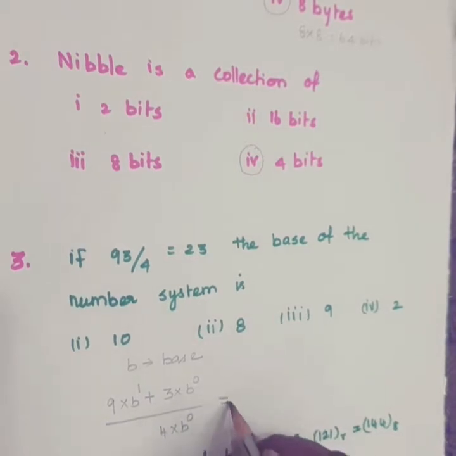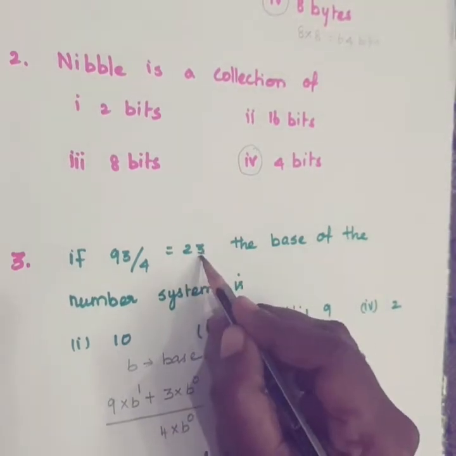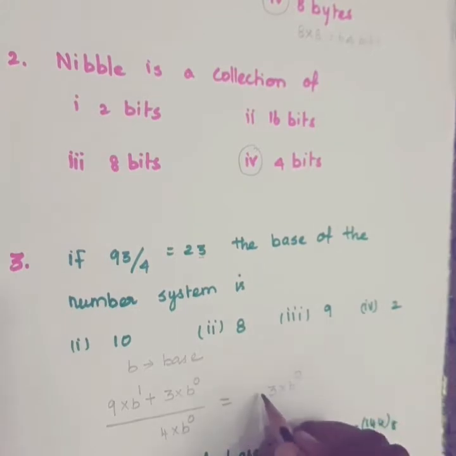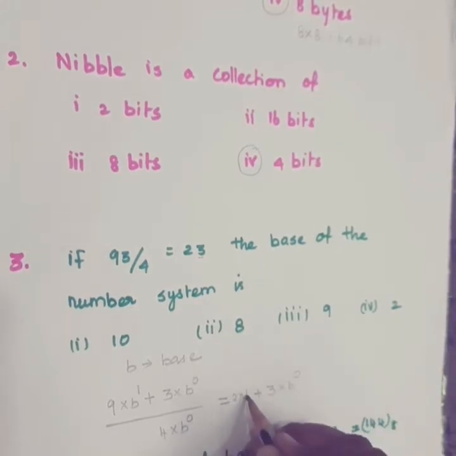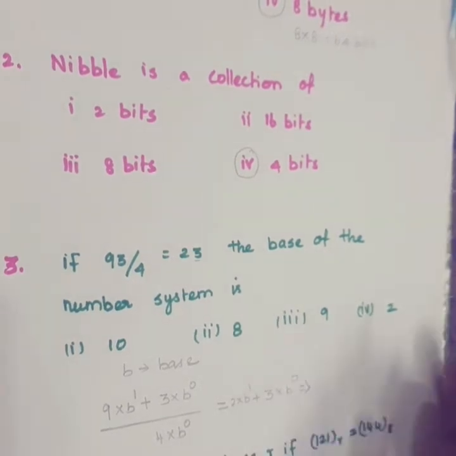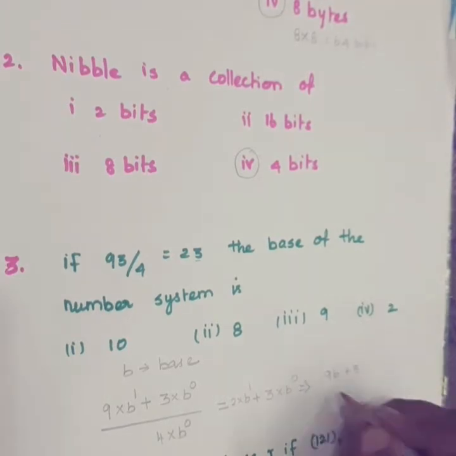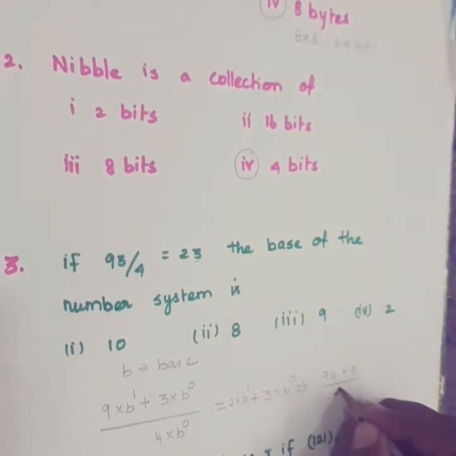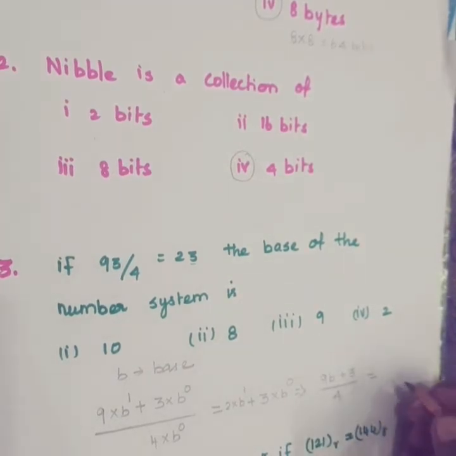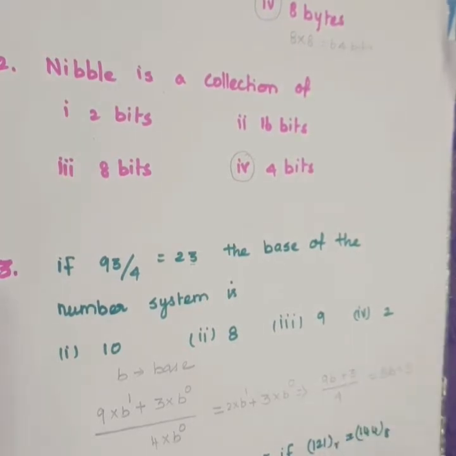Okay. So next, here 23. The least significant digit is 3. So 3 into B power 0 plus 2 into B power 1. If you solve this, you get (9B plus 3) divided by 4 is equal to 2B plus 3.